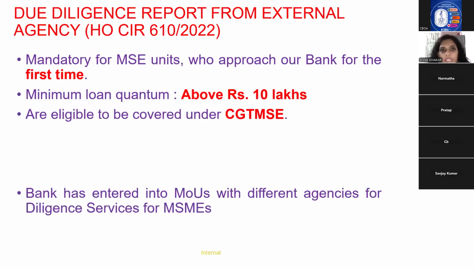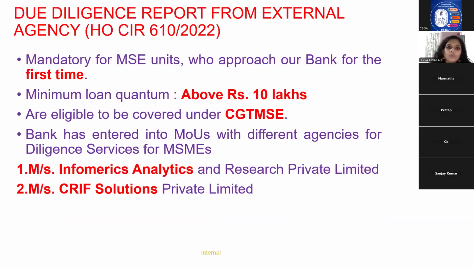Then coming to due diligence. Most of you might be aware of this. Whenever any micro or small enterprise approaches our bank for the first time, we are supposed to get the due diligence report.